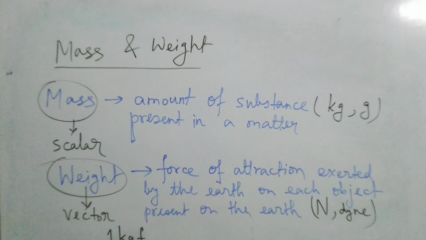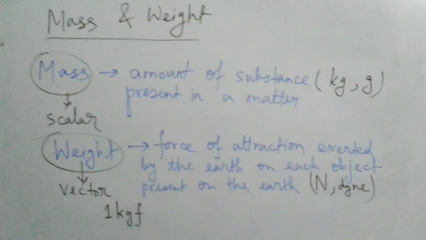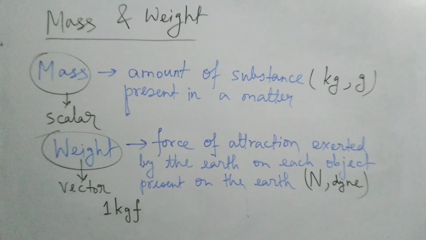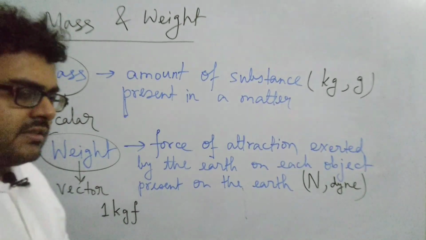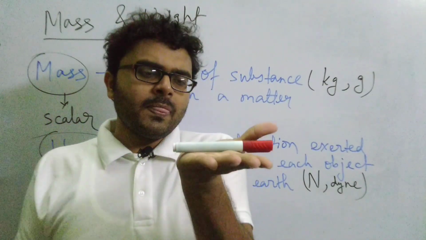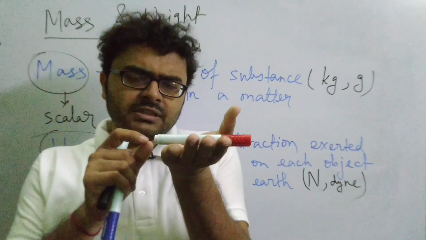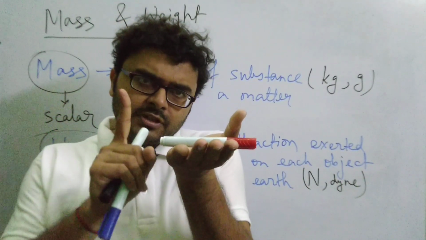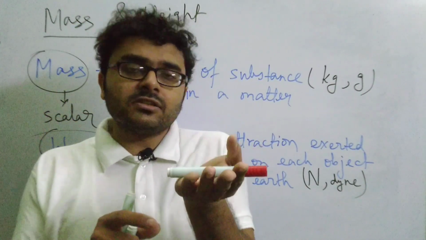Okay, and if you hold an object in your hand which has a mass of 1 kg, say this red pen has a mass of 1 kg and here I am holding it in my hand, I need to apply a force of about 9.8 Newton, or almost 10 Newton, on this object in the upward direction to prevent it from falling, or from going towards the center of the earth.